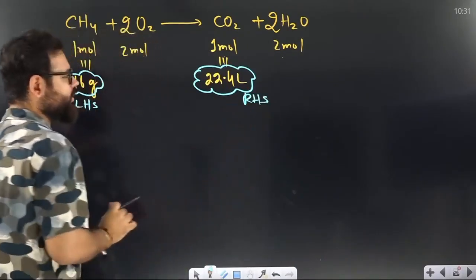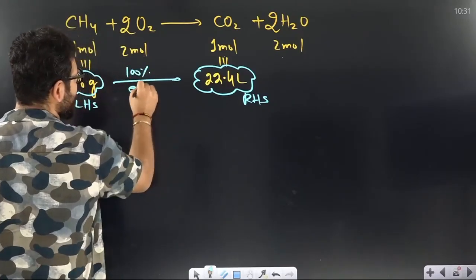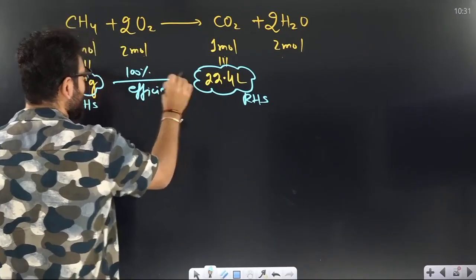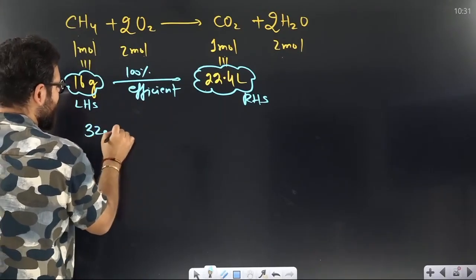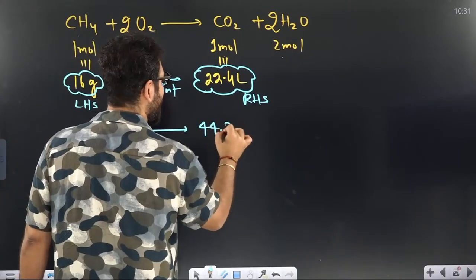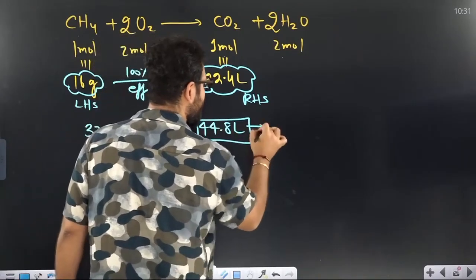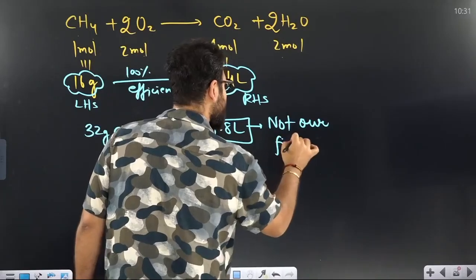First, let me do the reaction normally, 100% efficient. In that case, 16 gram gives 22.4 liter. 32 grams of methane would produce double of it, 44.8 liter. This is not our final answer.